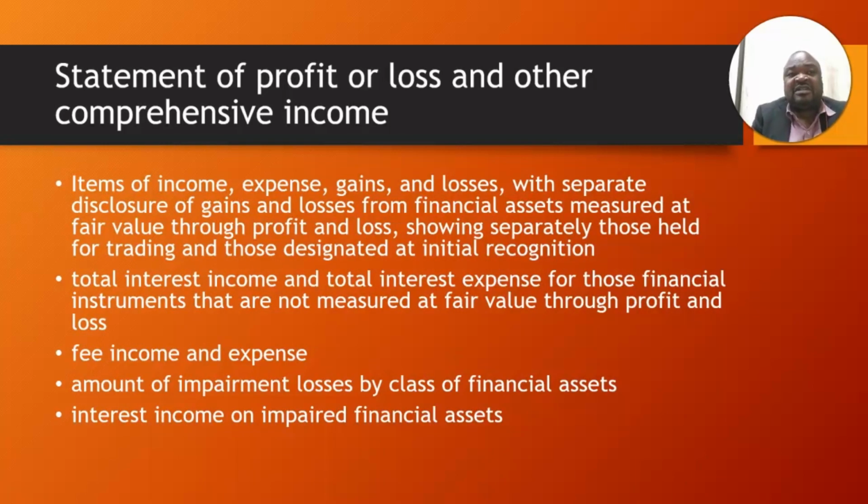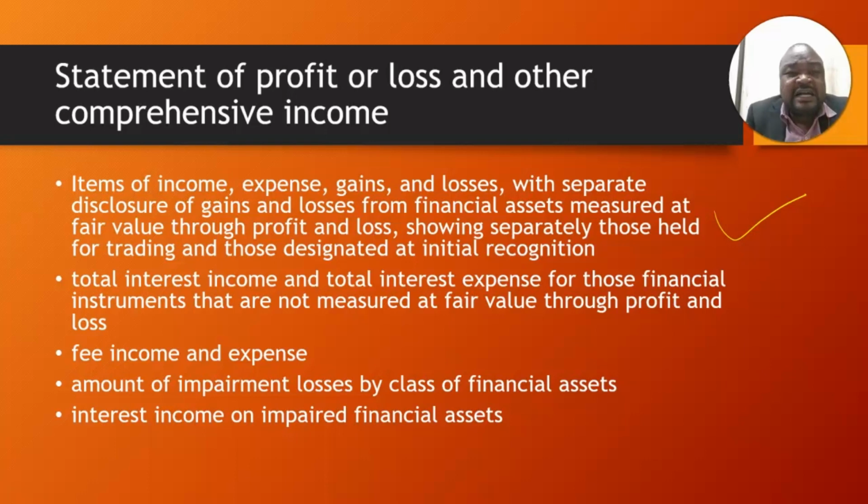What about the statement of profit or loss and other comprehensive income? Statement of financial performance, remember, IFRS 18. Items of income, expenses, gains, and losses with separate disclosure of gains and losses from financial assets measured at fair value through P&L, showing separately those held for trading and those designated at initial recognition. So extensive disclosures in the presentation are paramount.